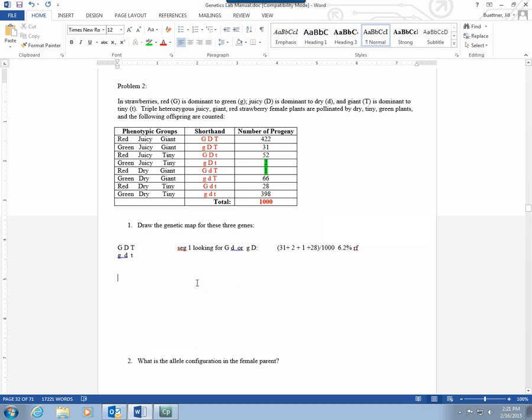For segment 2, you'll be looking for a big D with a little t, or a little d with a big T. And when you go through the data, so big D, little t, so right there 52, 2, 1, 66.